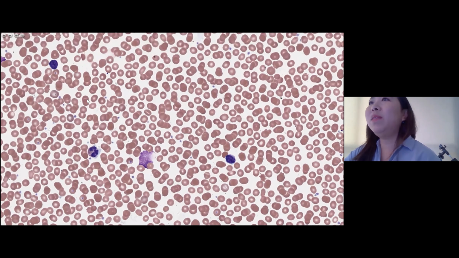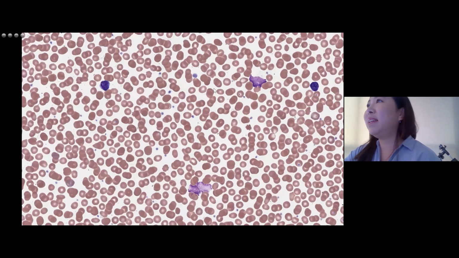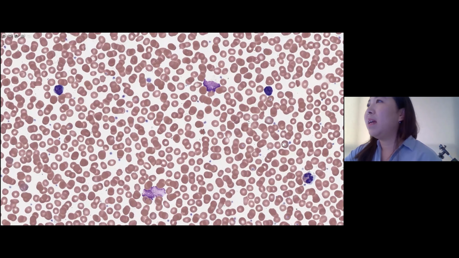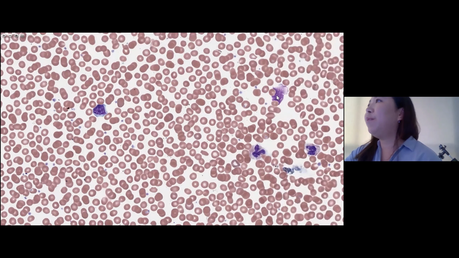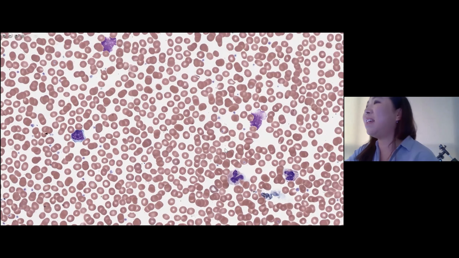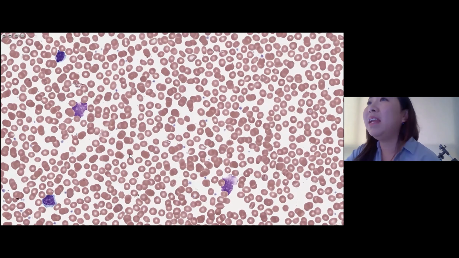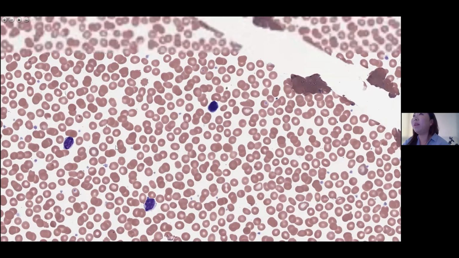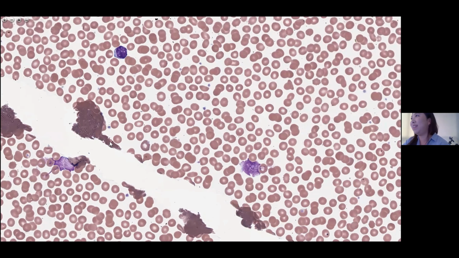So in accordance to the indices, as you see here, there's an increase in the lymphocytes. And as we scroll through the slides, we're also noticing these forms of, like, it looks like cells that are being squashed, right? And they look like they have been broken or squashed during the slide preparation.